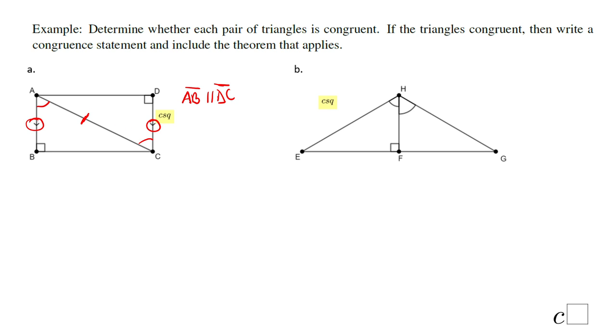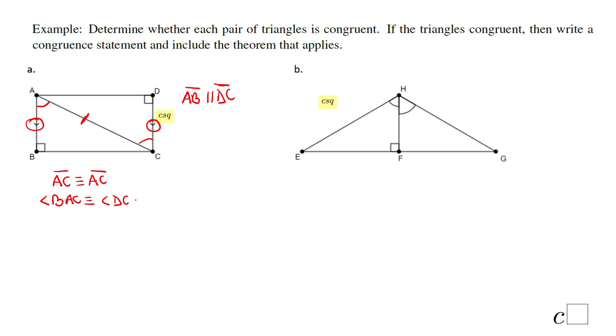So this is going to be hypotenuse angle. So let's see how we write that. AC congruent to itself, the common part, right? And then the angle, and here we have to use three letters, right? BAC congruent to angle DCA.